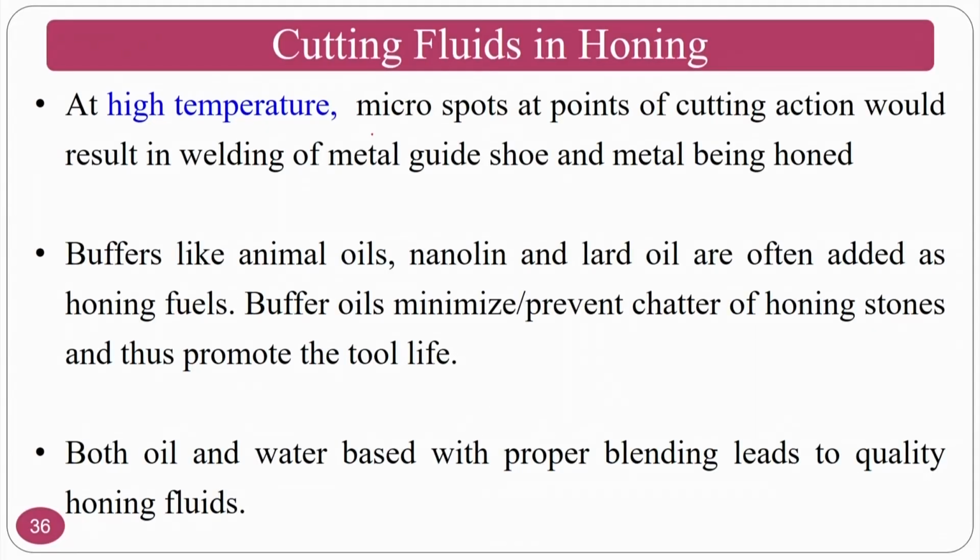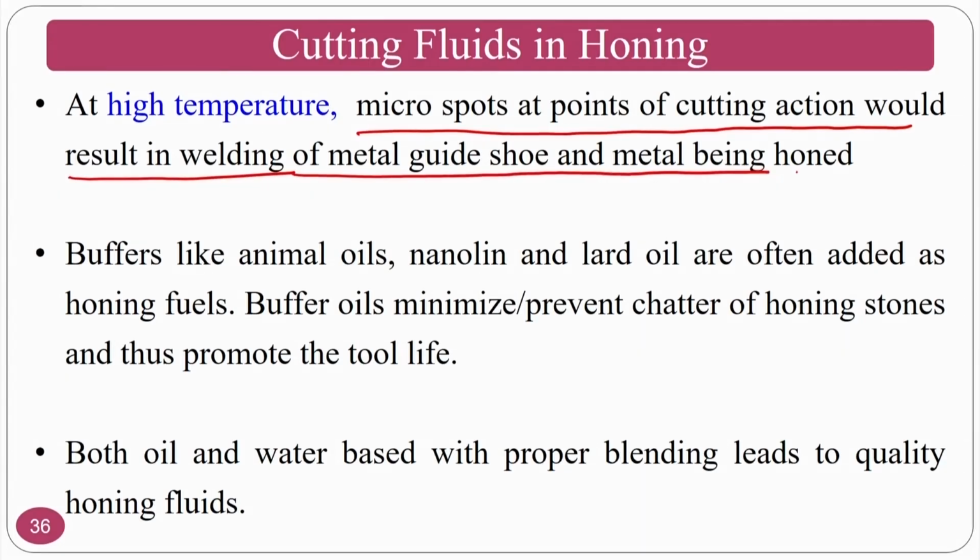So, at that time the cutting fluid, which has lubricating characteristics as well as cooling characteristics, should become more active and do the needful. High temperature micro spots at the point of cutting action would result in welding of the metal guide shoes and the metal being honed. Okay, what will happen? Whenever there is a high temperature, there will be a burst which will weld to the surface. It won't happen if you are going to use the cutting fluids.